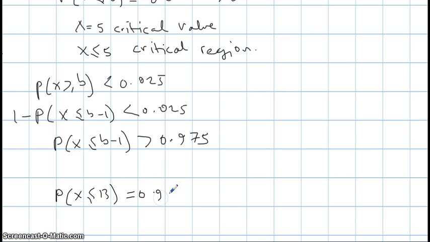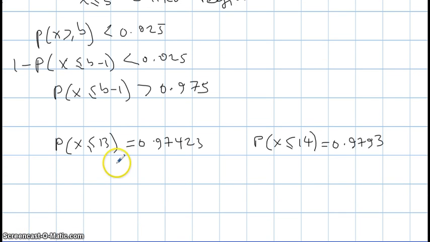The probability that x is less than or equal to 13 equals 0.97423. The probability that x is less than or equal to 14 equals 0.9793. And so it's greater than 0.975 when we have 14, so b minus 1 equals 14, and b will therefore give us 15.